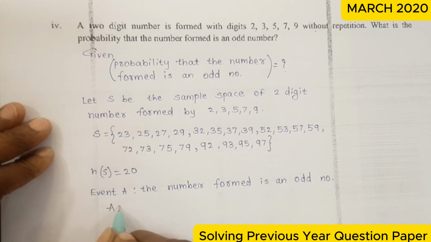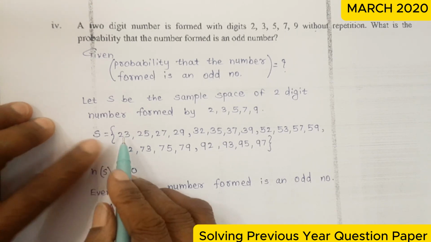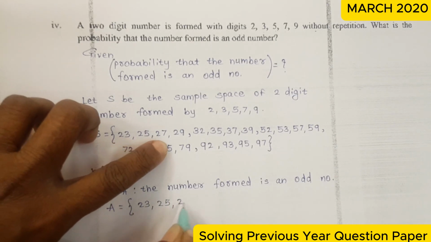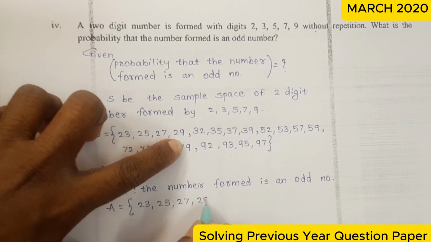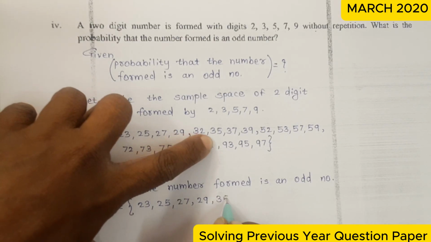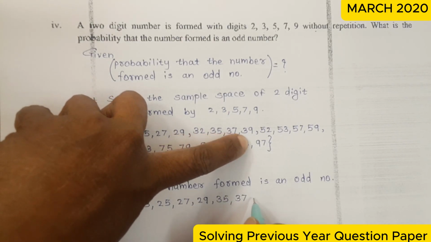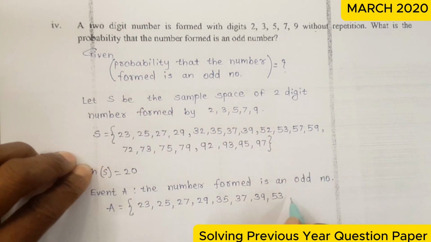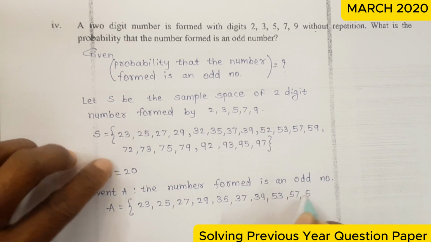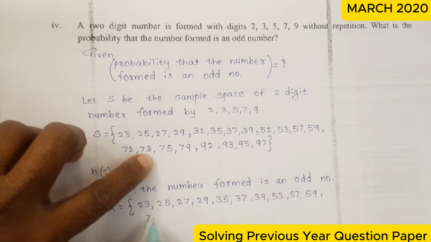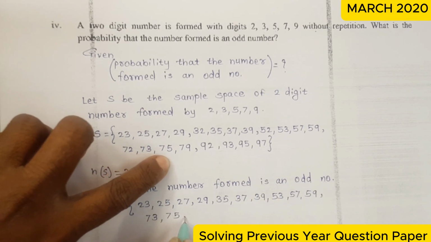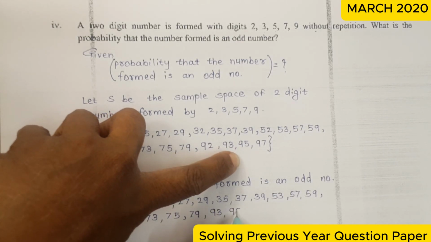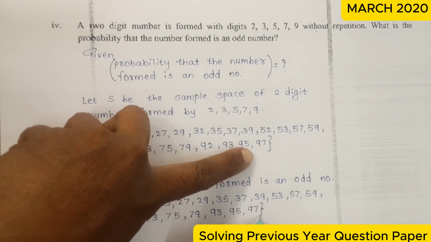So now in the set A, we can write the odd numbers: 23, 25, 27, 29, then 35, 37, 39, then 53, then 57, then 59, then 73, 75, 79, 93, 95, 97.